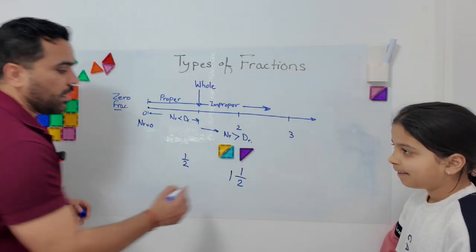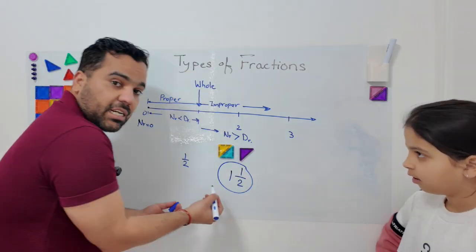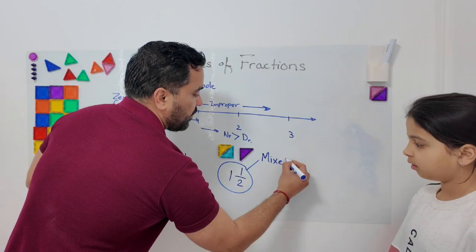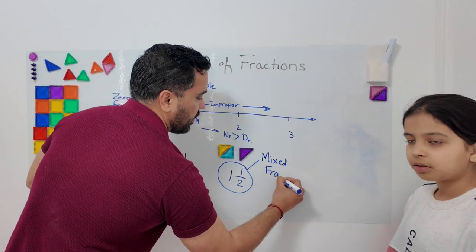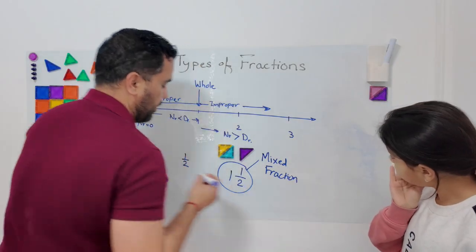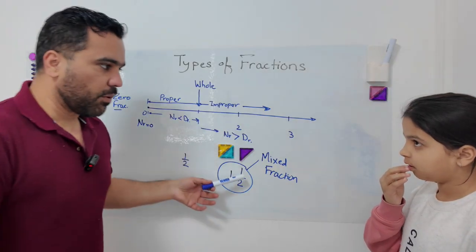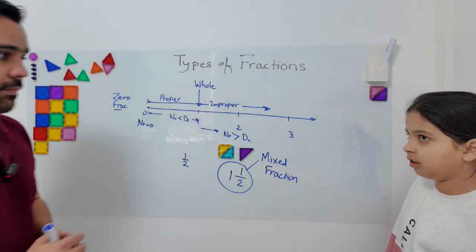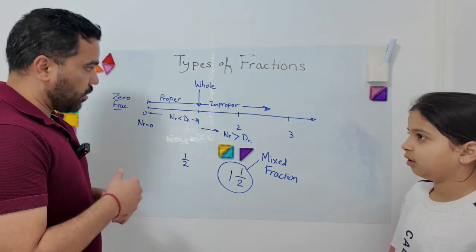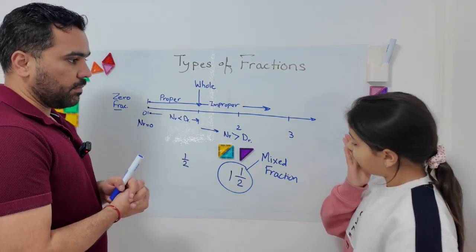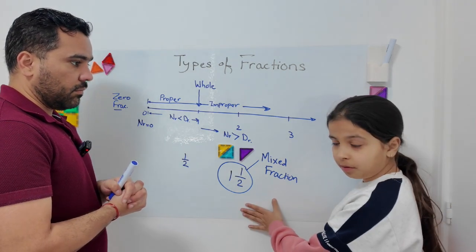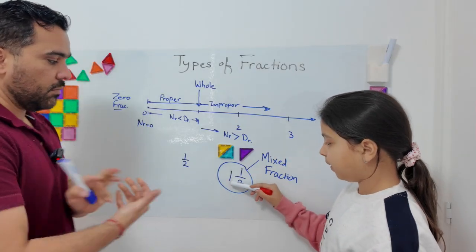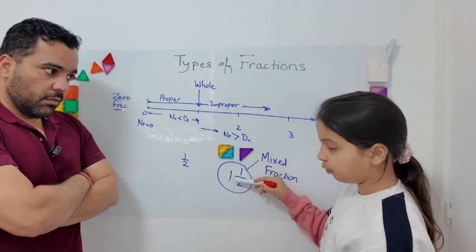This thing, when it's written this way, is called a mixed fraction. It's still a type of improper fraction. Do you know how to convert a mixed fraction into an improper fraction? Well, the denominator stays the same, but you must multiply the whole number by the denominator, in this case 2.